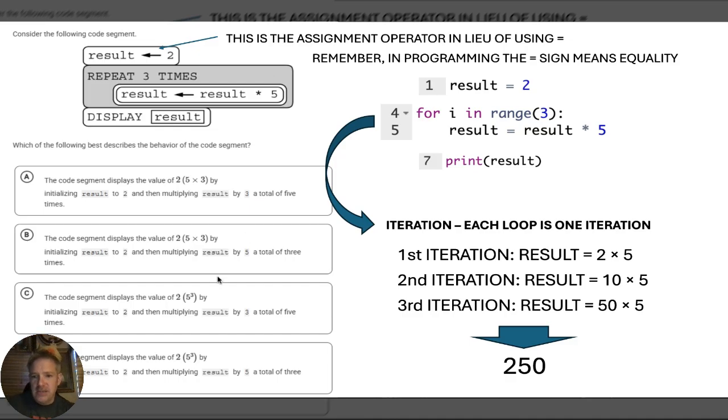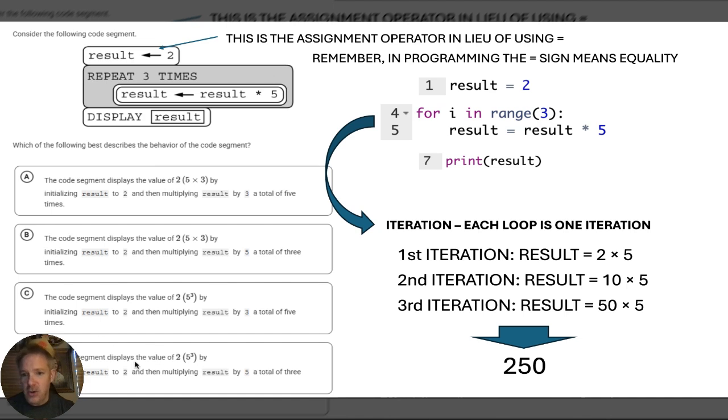Now, the next one says the code segment displays the value of 2 times 5 to the third power. You can see that the math we're doing through each iteration is going to be exponential. We're getting to exponents. We're not just simply multiplying. So it makes sense. But let's see what the next part says, because these two, C and D, are the same.